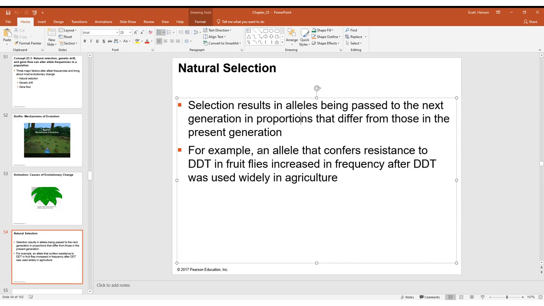So for example, let's say an allele that confers resistance to DDT in fruit flies increases in frequency. Now, DDT, I should give you a little bit of background. It's an insecticide, first developed in the late 1930s, and it was first used in, I think, 1943 to control insects.